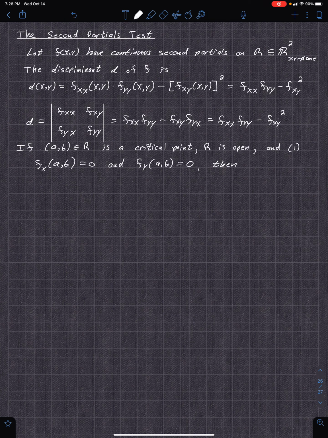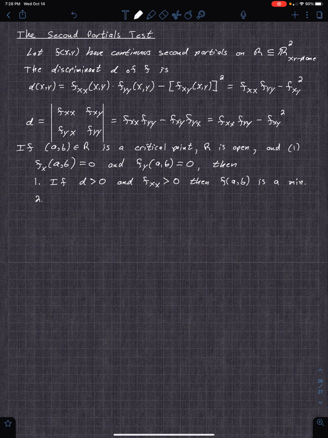All right, so, case 1: if the discriminant is greater than 0 and fxx is greater than 0, then f(a,b) is a local minimum. So that's what you do. You calculate the discriminant and look at the second partial as well.